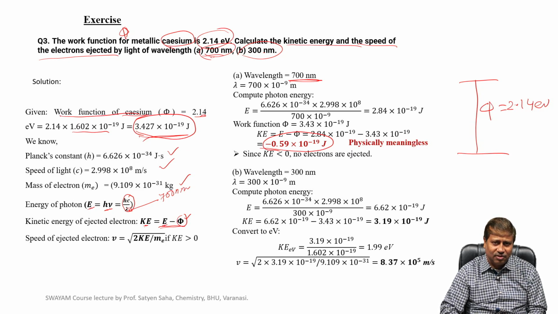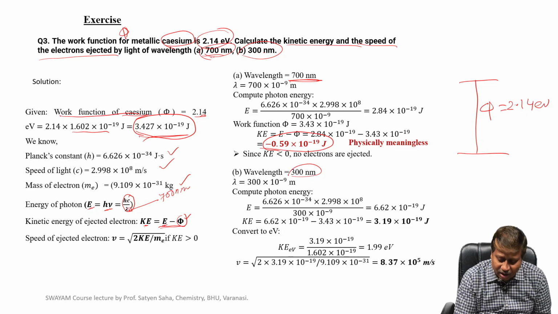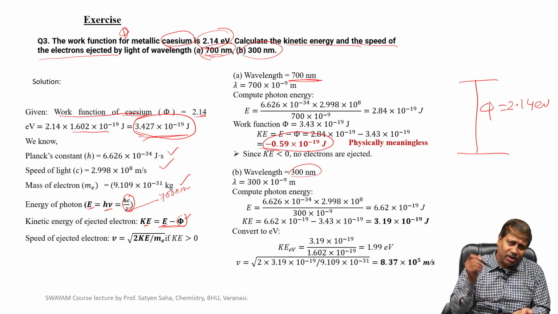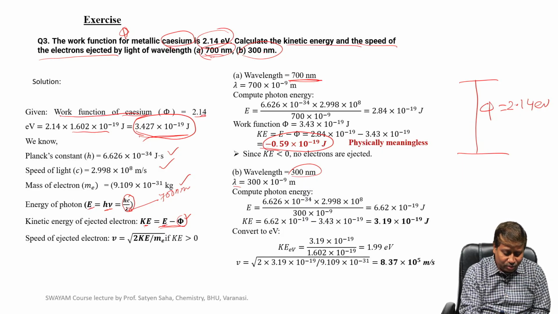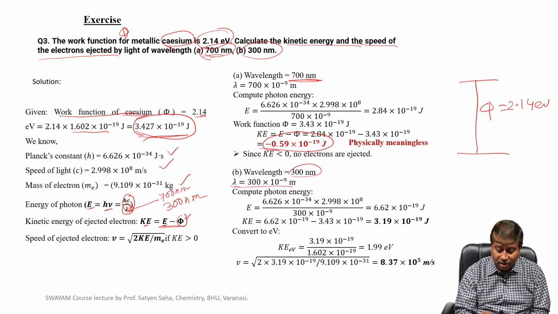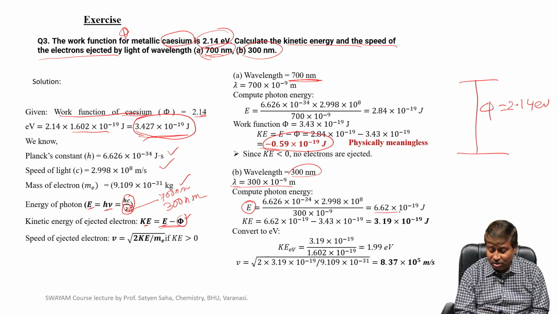That means if you shine 700 nanometer light on cesium, whose work function value is 2.14 eV, nothing will happen, no electron will be ejected. Now, what will happen if you shine the cesium metal with 300 nanometer light? You put 300 nanometer in this lambda and calculate the energy of the light; it comes to around 6.6 into 10 to the minus 19 joule.